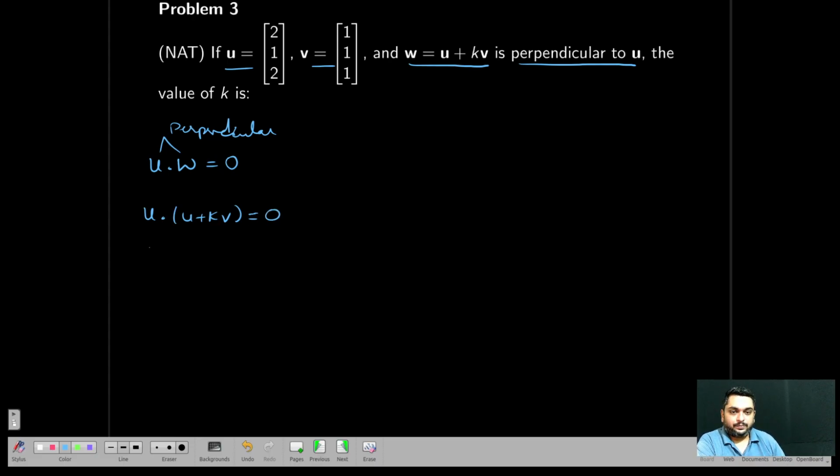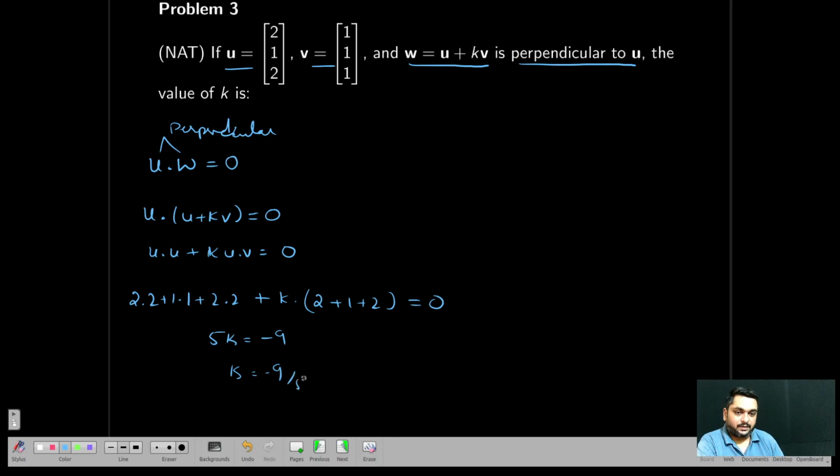So u dot u plus k into u dot v is equal to 0. Now u dot u is 2 into 2 plus 1 into 1 plus 2 into 2, which is 9, plus k into u dot v, which is 2 plus 1 plus 2, is equal to 0. So 5k is equal to minus 9, so k equals minus 9 by 5.